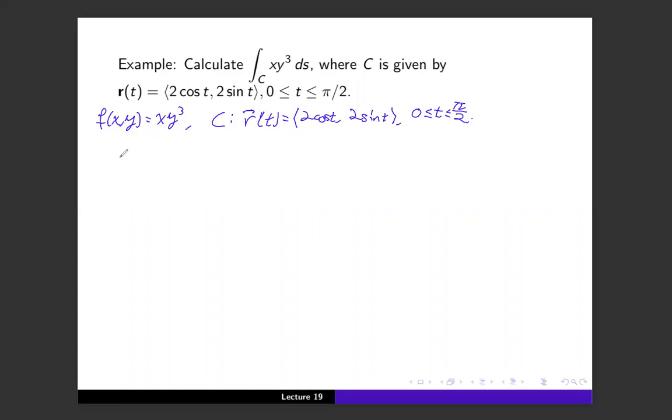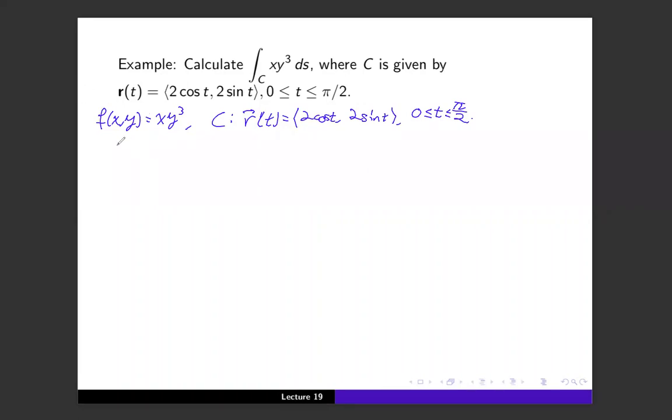Great. Now, by the way, just a general rule of thumb, a very, very useful thing to do whenever you're going to solve any kind of integration problem, is to write the formula down first. Always start by just writing the formula down.